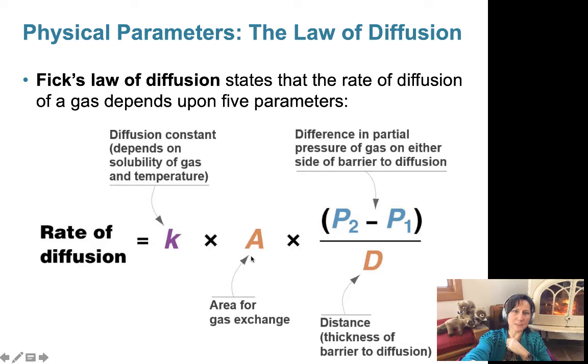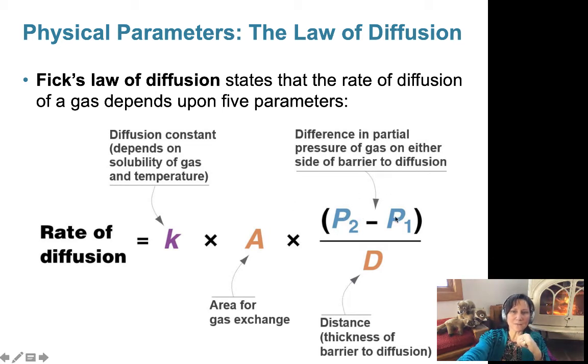If you increase K, you're going to increase the rate of diffusion all the way around. If you want to think about this simply, just imagine all the rest of this as being a single number. Doesn't matter what number it is. If you increase K and multiply together, clearly that's going to increase the value of the rate of diffusion. The same will be true if you increase the area of gas exchange. Bigger area means higher rate of diffusion into that body.